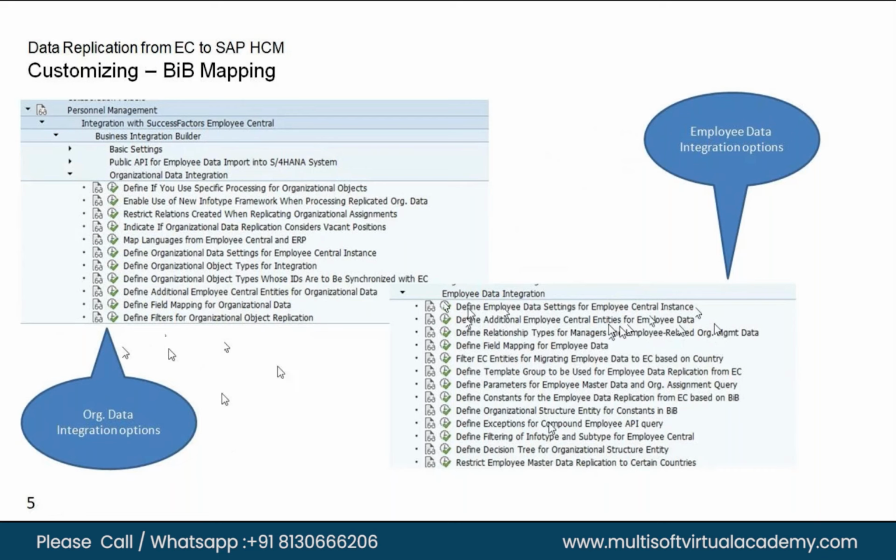WS_4 is a job info portlet, and WS_5 is the org data portlet. And for compensation, we have different portlets which were tagged to different EC entities. That is a standard configuration which was given by SAP system. This is the node where we will see the relevant portlet with the relevant EC entity.